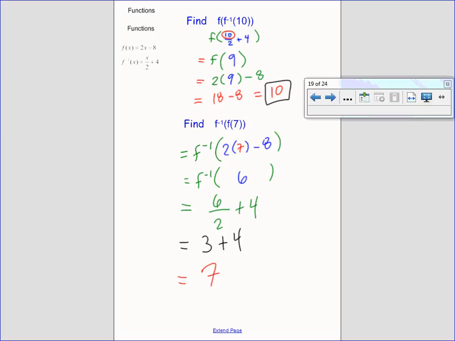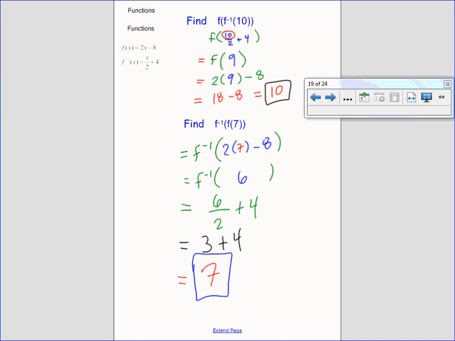Go ahead and tell your partner what you notice about these two function evaluations. So, what did you and your partner notice about these two separate compositions? Taylor and Mark?